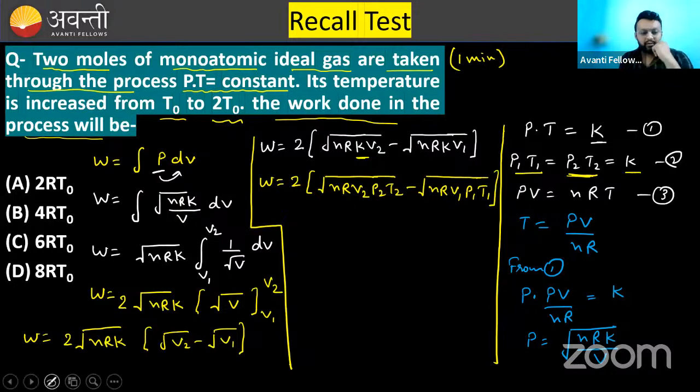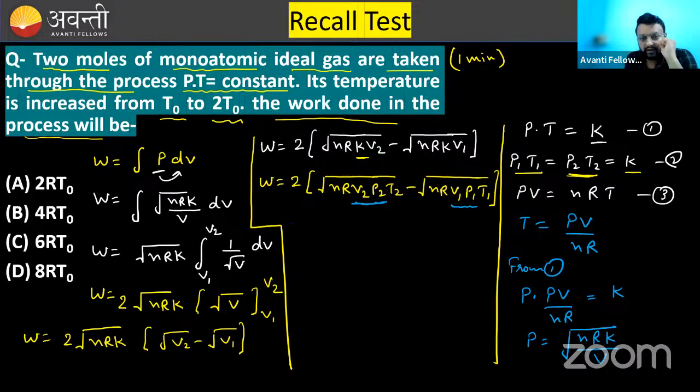Okay. Now again you can see that this P2 V2 is NRT2, and P1 V1 is NRT1. So can you see that it will become under root NRT2 square, and NRT1 square, and the under root will be cancelled out.